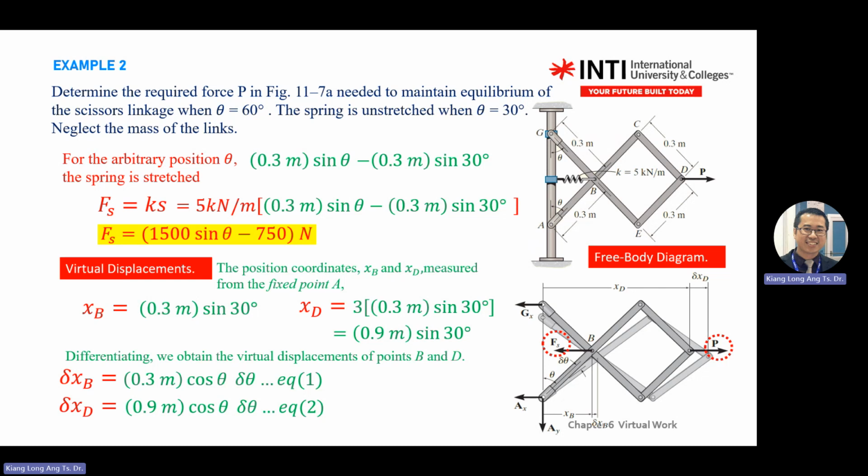Delta x capital D is actually 3 times of xb because there are 3 similar triangles.